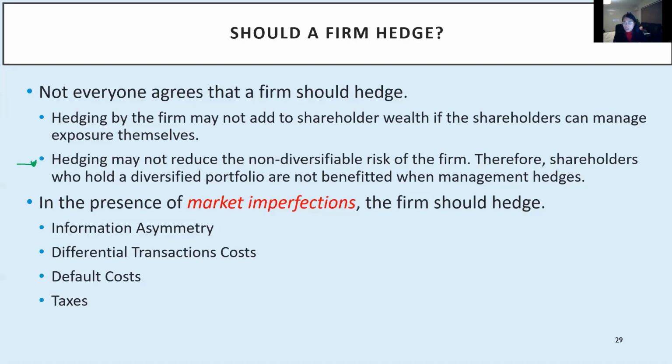Whereas for individual investors, if I have to go to the forward market to hedge my foreign exchange rate risk of, say, a £2,000 position, the bank is not going to sell me that contract. Okay, they require a larger contract size. So in some cases, when we talk about real markets, then sometimes it makes sense for the firm to hedge rather than leaving it to the shareholders. Okay.